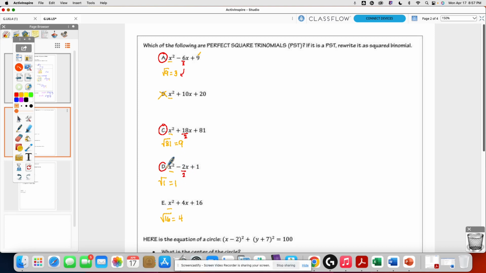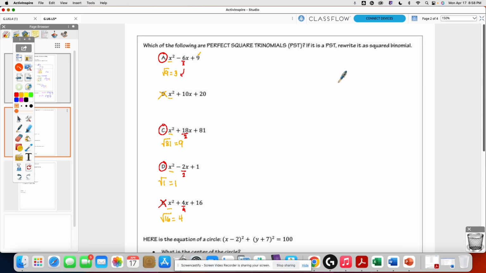So D is a perfect square trinomial. And letter E, if you divide 4 by 4, you will get 1, not 4. So E is not a perfect square trinomial. So only A, C, and D are perfect square trinomials.